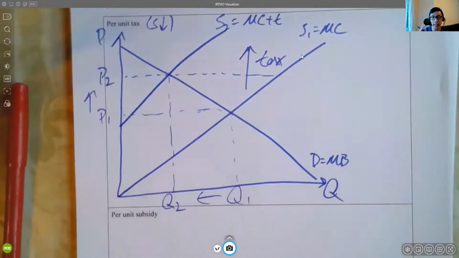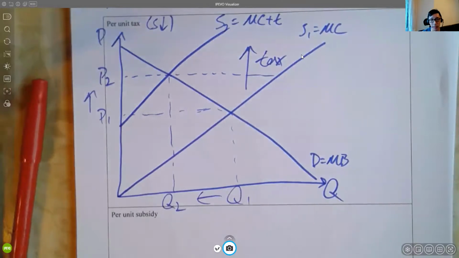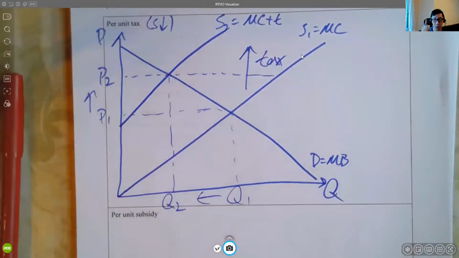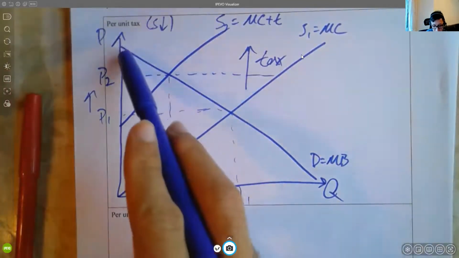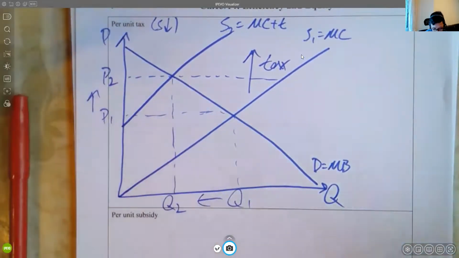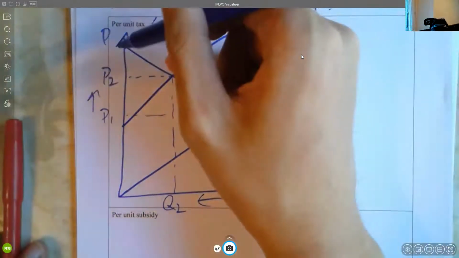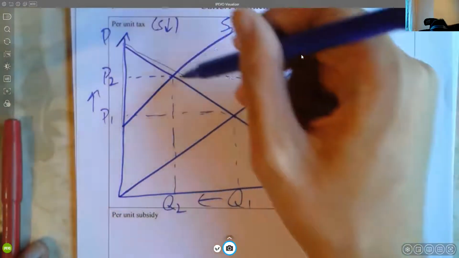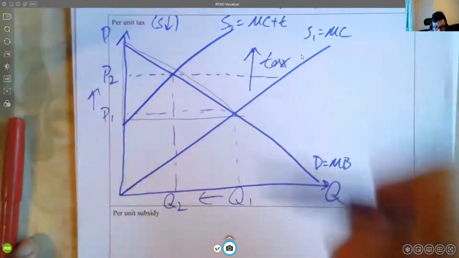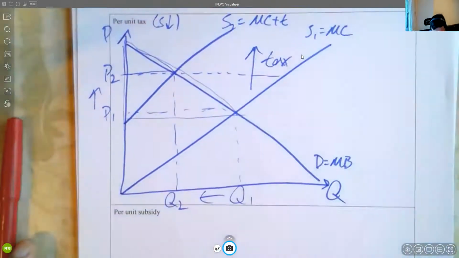Now let's see what's going on with our consumer surplus first. Now remember, consumer surplus refers to the distance between MB and price. So originally, it will be this one, because P1 right here originally would be this. Now it becomes this instead.